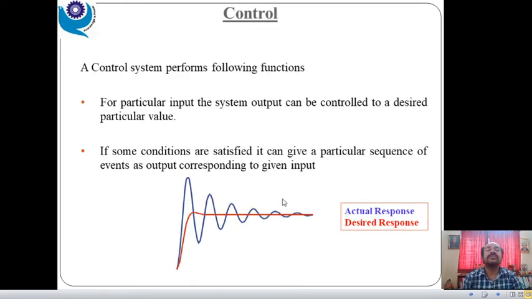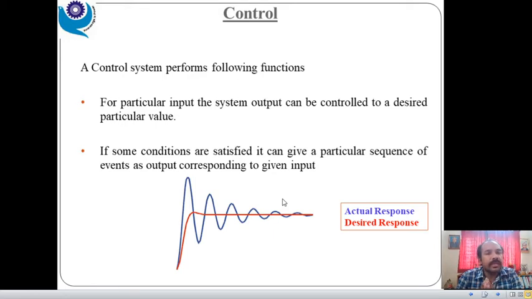In control systems, how can we decide whether a system is stable, unstable, or marginally stable? To decide any kind of system, we need to give it an input. When we give the input to that particular system, we get the output. If the output is unbounded, continuously increasing, that system is called an unstable system.